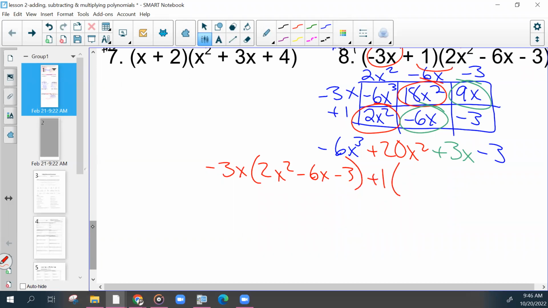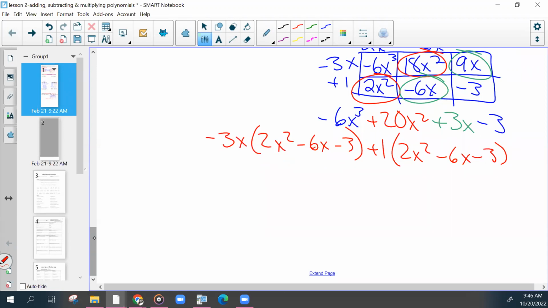And then the second term and multiply those to the same thing. Again, you don't have to do it this way. You also don't have to write it. If you want to just multiply it and write what that is, you can do that.